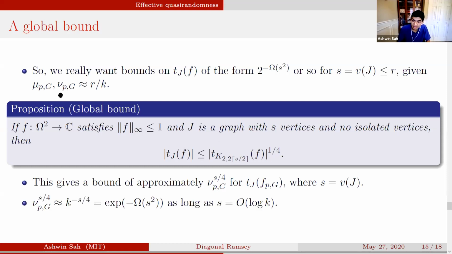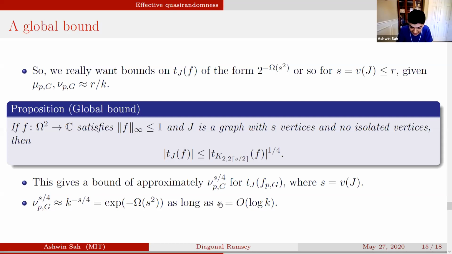And we also know what nu is. It's around r over k in a Ramsey graph. And the r will be roughly negligible, like it'll be root k. So this nu to the power of s over 4 is approximately k to the power of negative s over 4. And now here's where this log barrier comes into play.